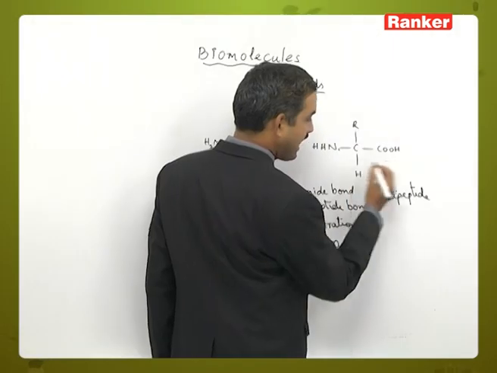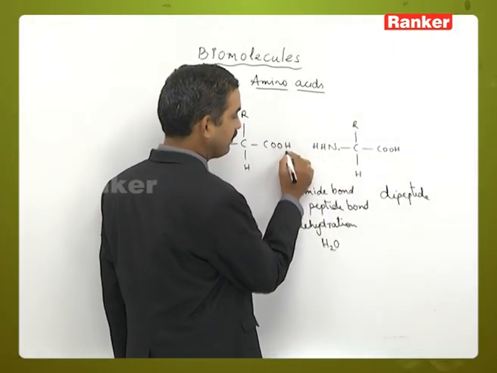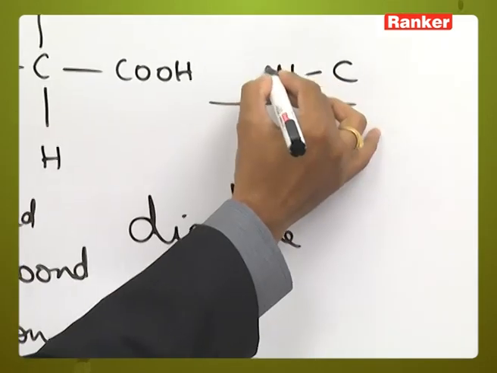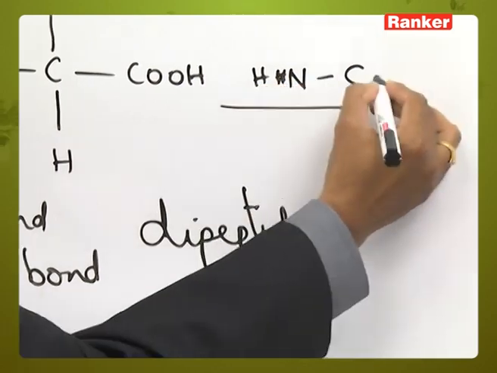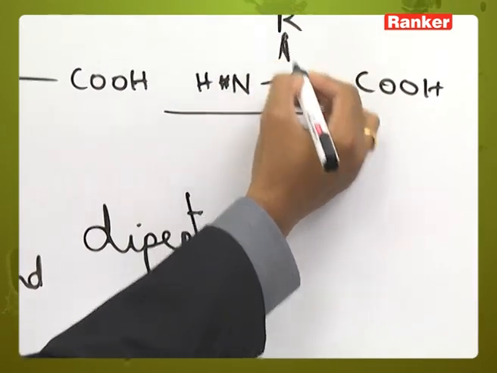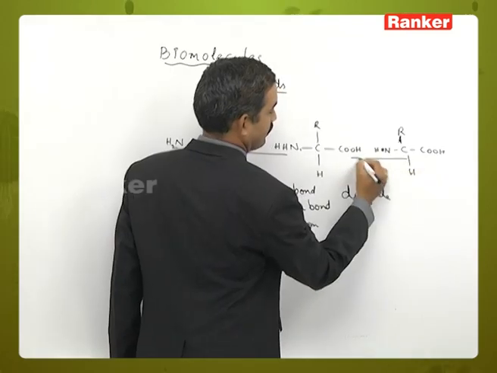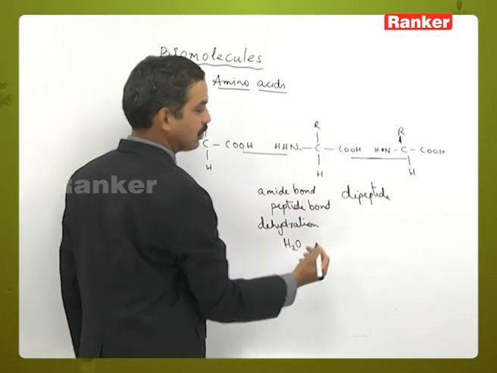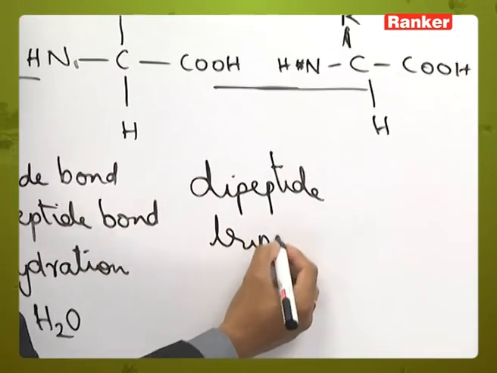If 3 amino acids are there, with 2 peptide bonds, that is called a tripeptide.